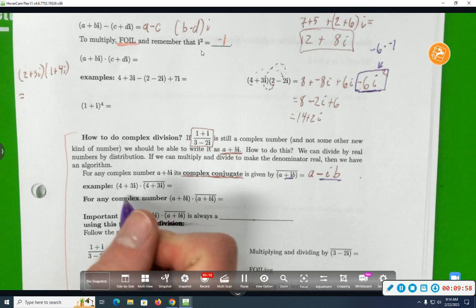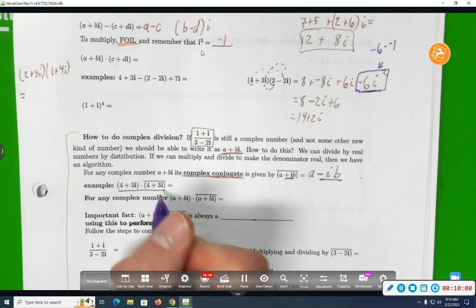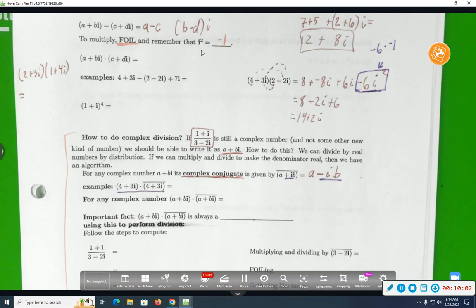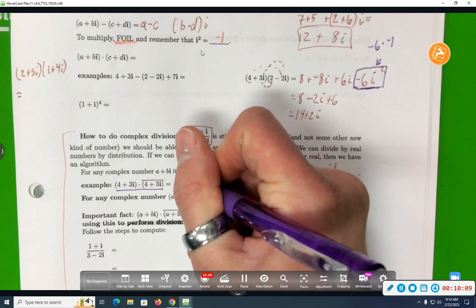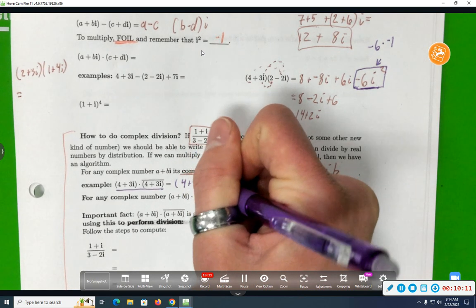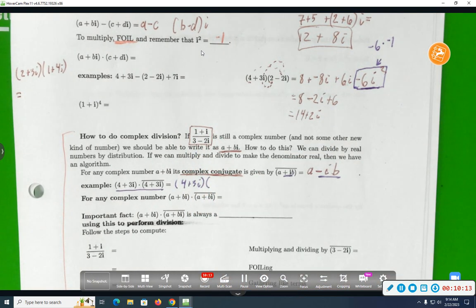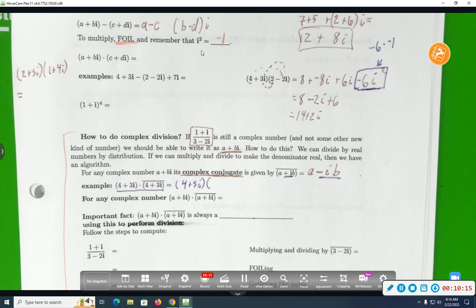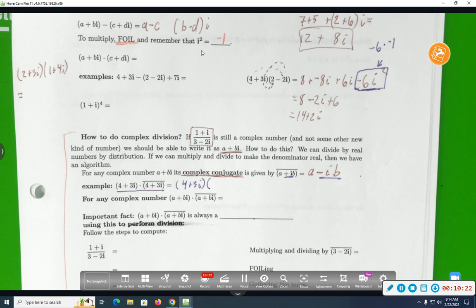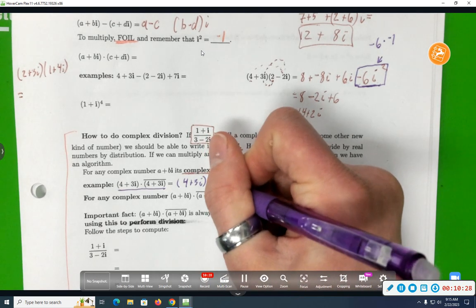So here's the why to do it. Let's compute this example. 4 plus 3i times the complex conjugate of 4 plus 3i. So let's write out what this is going to be equal to. This will be 4 plus 3i times, what's the complex conjugate of 4 plus 3i? Yeah, complex conjugate just means take the imaginary bit and make it negative. Or if it were negative, then you would make it positive.